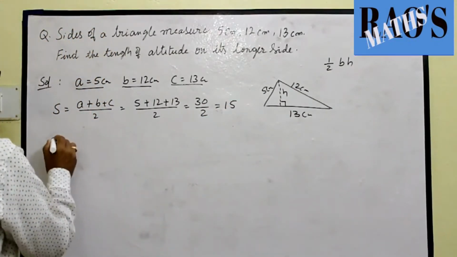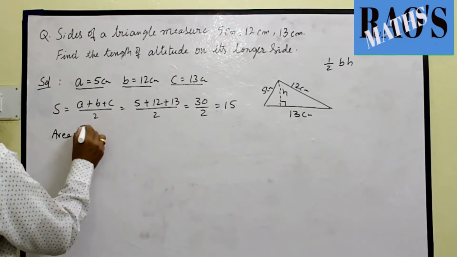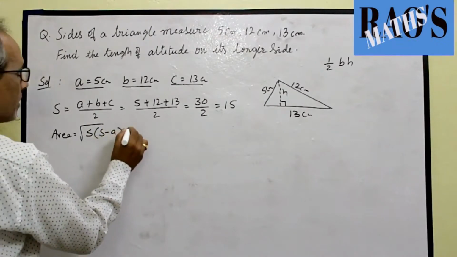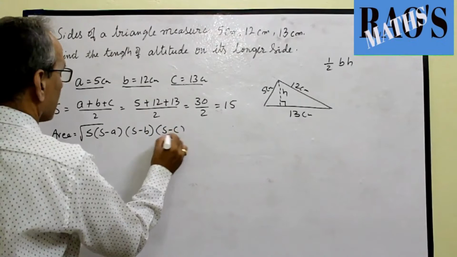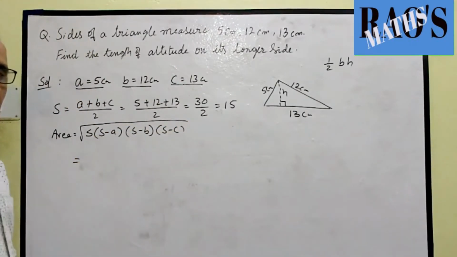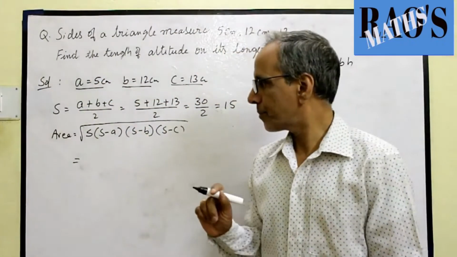Now let's find area. Therefore area is equal to root of s into s minus a, s minus b, s minus c under root. Now substitute the values of s, a, b, c in the formula.